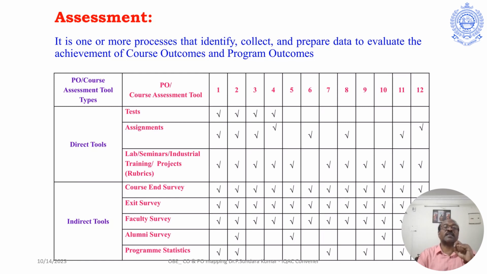Direct tools are tests and assignments, lab, seminars, industrial training, projects, etc. Indirect methods are course exit survey, faculty survey, alumni survey, program statistics. These are very important. With the direct and indirect combination, finally we get the achievement.